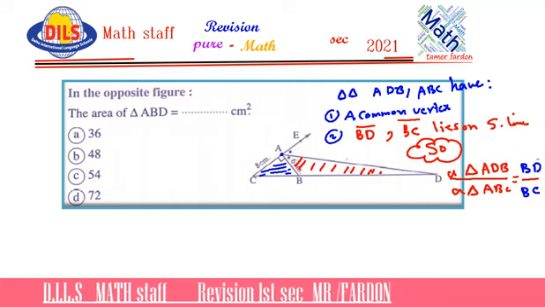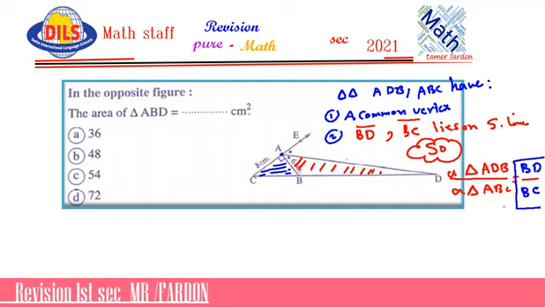Now we have to find the ratio between BD and BC.